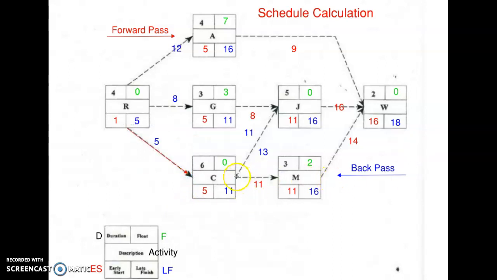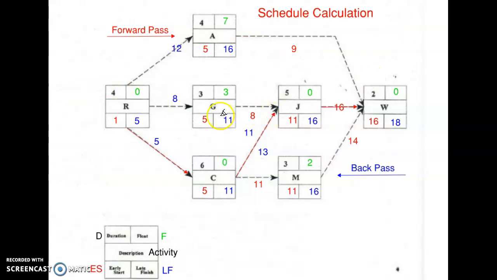So I've got to go from here up to J, and then basically we go from J to W. And so that is your critical path. Your critical path, if you look at your text, is a string of activities that has 0 float. So the critical path actually determines the duration of the project. And that means that the rest of these, A, G, and M, can basically float.